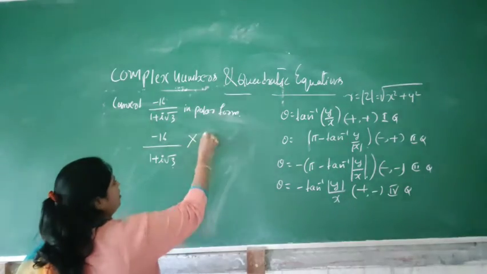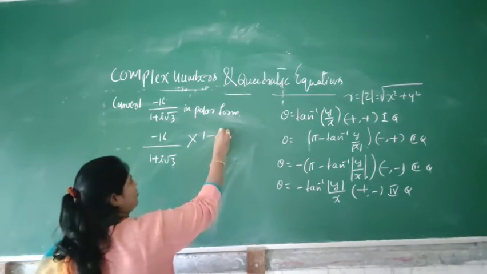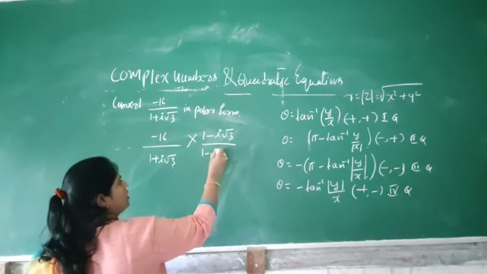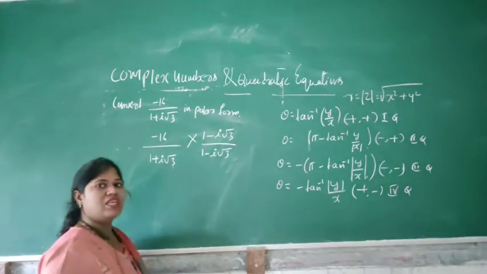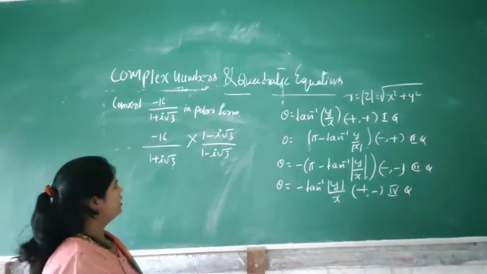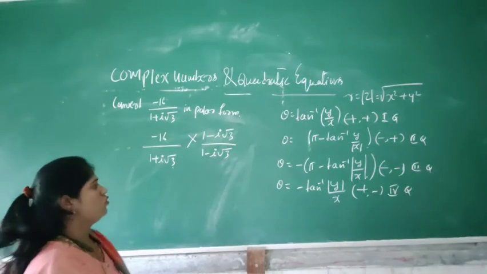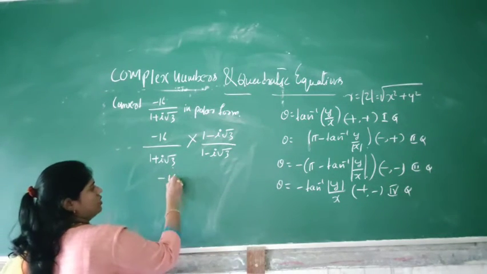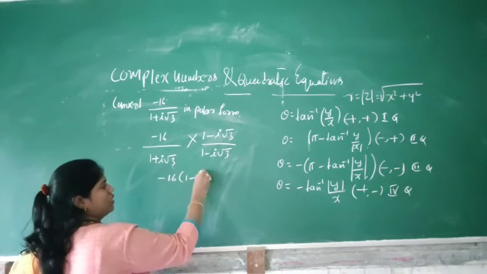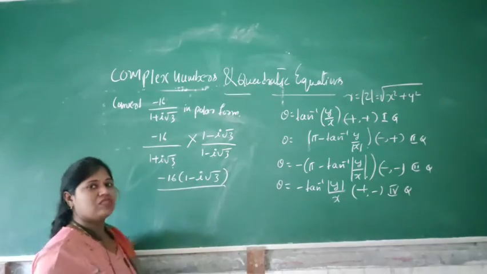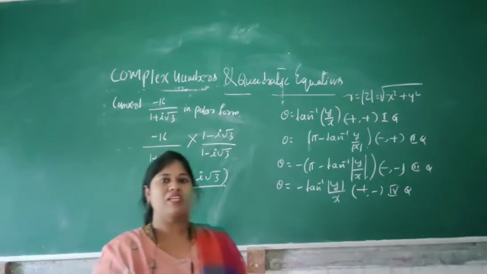Multiply by 1 minus i root 3 divided by 1 minus i root 3. This is rationalizing the denominator. You multiply numerator with numerator, so minus 16 of 1 minus i root 3, divided by, what is a plus b into a minus b?